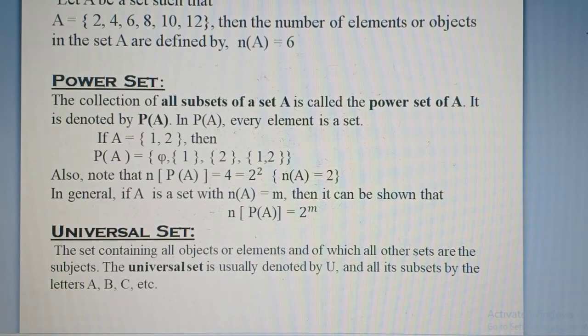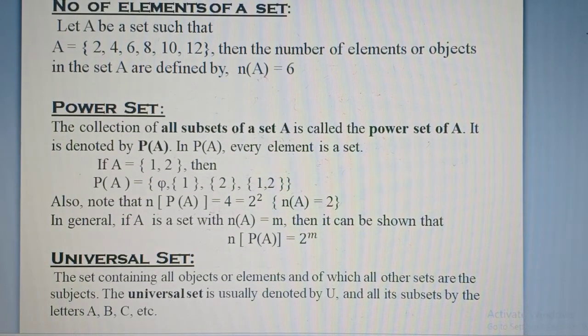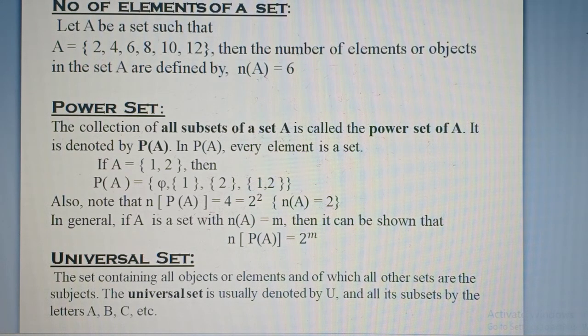Here I'll discuss the number of elements of a set. How to define the number of elements of a set. So students, suppose A is a set such that A has elements 2, 4, 6, 8, 10, 12.